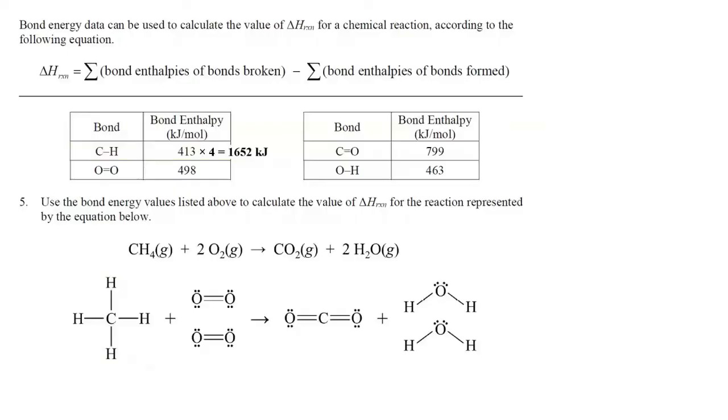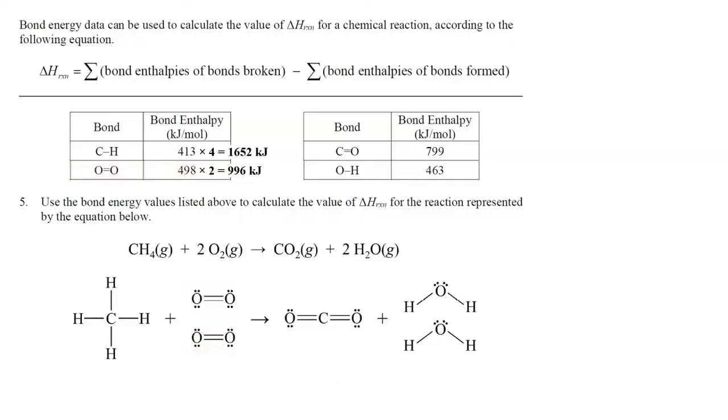Now the oxygen molecule, O2, contains an OO double bond, and the energy of breaking that bond is 498 kilojoules per mole. But we have 2 oxygen-oxygen double bonds that are going to be broken during this chemical reaction. So 498 times 2 is 996 kilojoules.